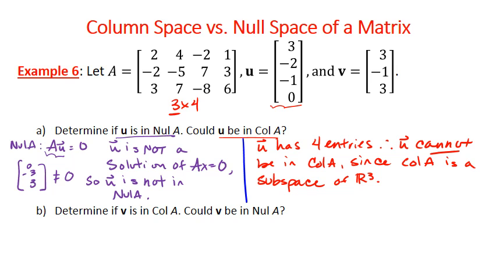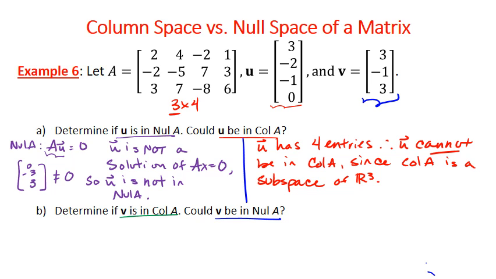Okay, well, let's take a look at another example. Now we're going to refer to vector v, and we're going to kind of flip-flop. First, we want to determine if v is in the column space of A, and then if it's in the null of A. In this case, when we're talking about the column space, we don't have to worry about our worry in the previous problem, because this satisfies theorem 3.